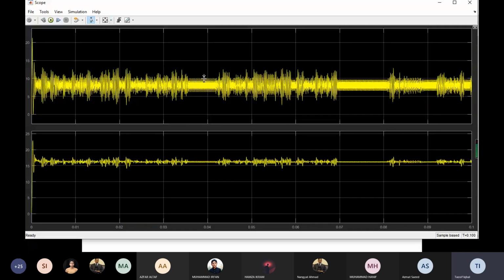So you can see the ripples are higher than the previous control system.